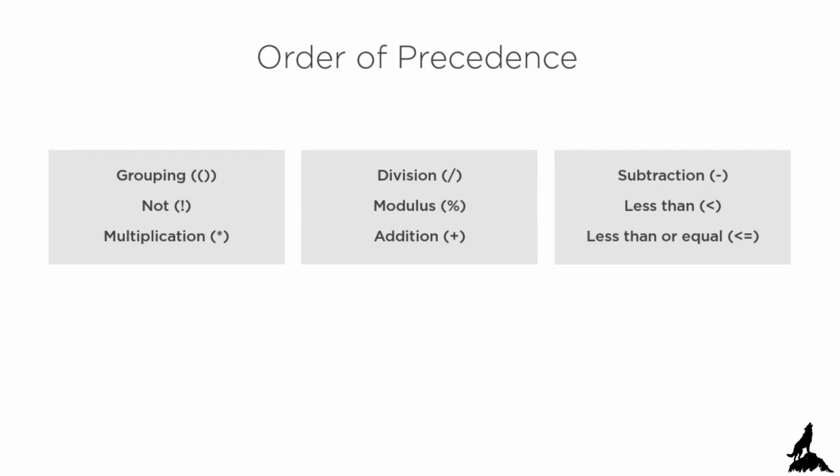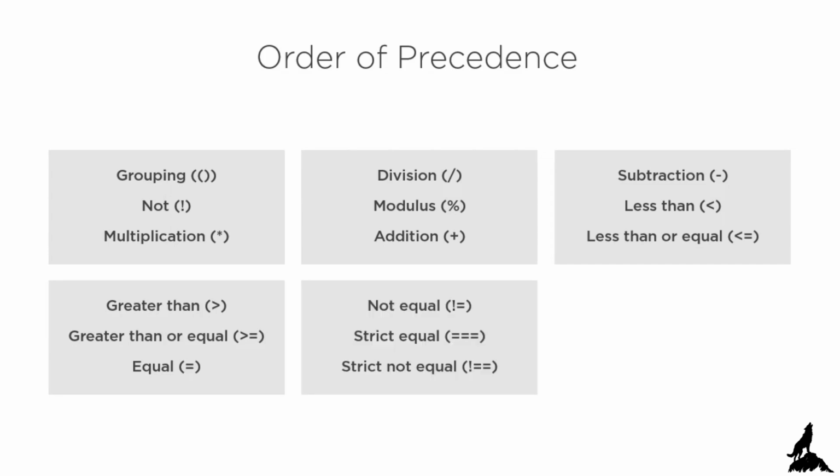So all of these arithmetic ones happen in the order they occur, left to right. We then have less than or equal to, greater than or equal to, equal, not equal, strict not equal. We then have and, or, and then finally assignment.